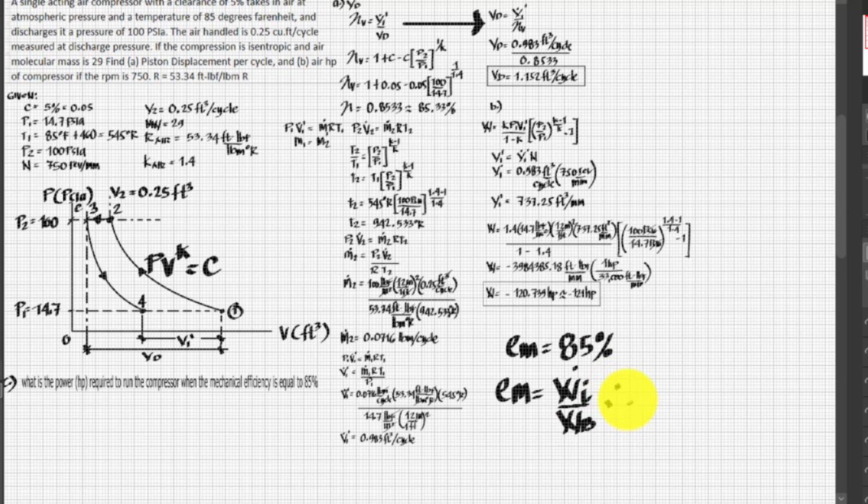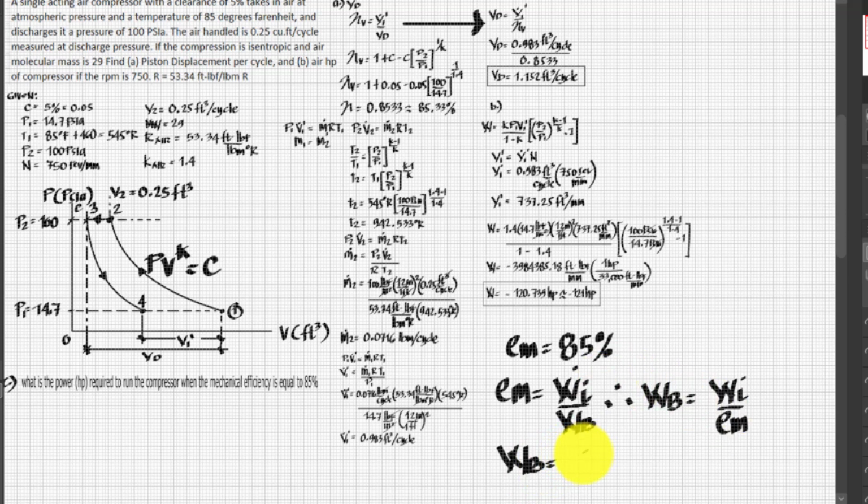We're looking for the value of the work brake, so the work indicated is divided by the mechanical efficiency, where the work indicated is equal to 120.739 horsepower. I will keep the decimal places from the previous solution.